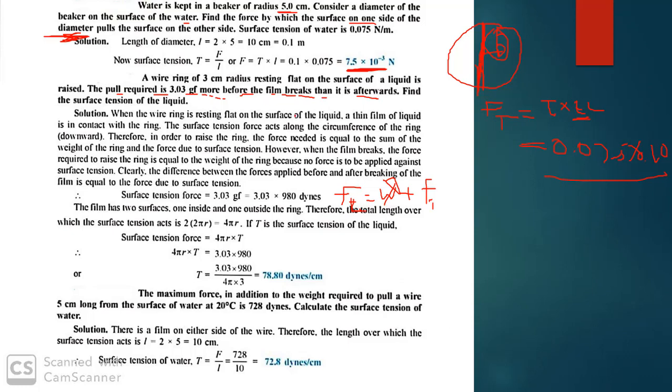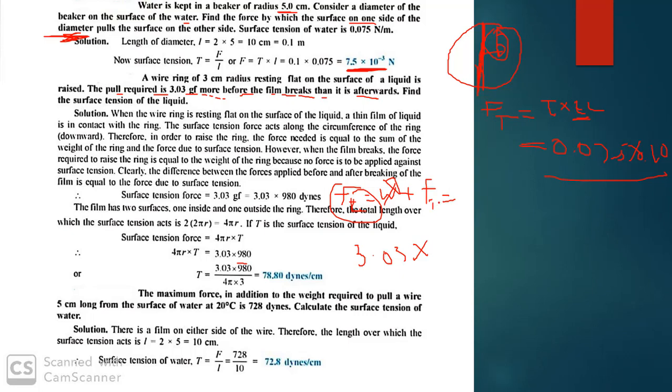Tumesema tusipopewa weight it is just safe to ignore it. Pull required ni hiyo hapo. Maana yake pull required ni 3.03 times G. Okay, wamemultiply na 980 kuziconvert kwenye dynes. So the point ni kwamba finally hapa the question inatutaka tutafute surface tension.